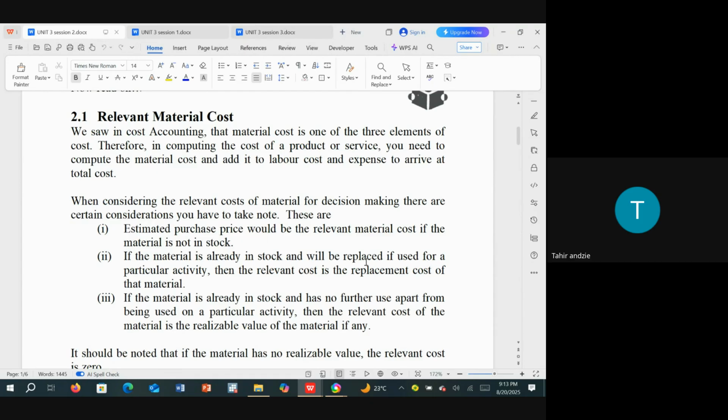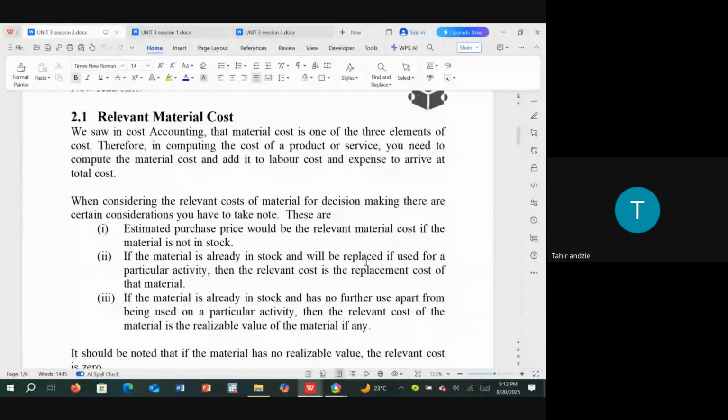Therefore, in computing the cost of a product or service, you need to compute the material cost and add it to labor and expenses to arrive at your total cost. You know how to get the total cost of an item produced. So before we get the total cost, we must of necessity determine the material cost, labor cost, and then overheads.